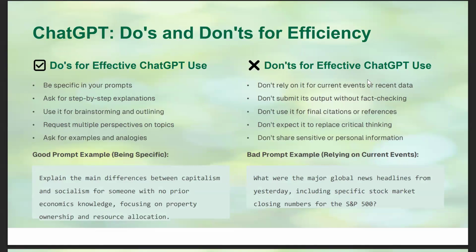Never rely on it for current events or recent eras. For example, if you ask who recently won the UCI cycling championship, for recent events and eras it will most likely get confused.